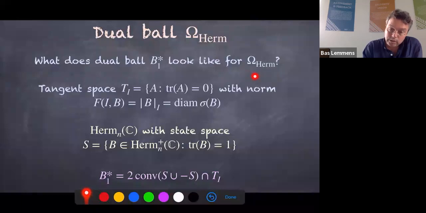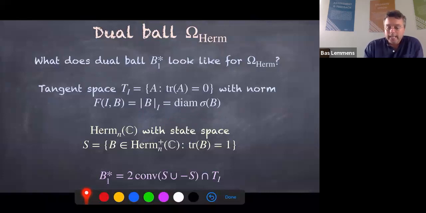Because of the Jordan algebra structure in this setting, there's very nice theory one can use, and I'm not going to explain any of it, but I should emphasize that lots of things that I'm saying here in this explicit example have direct analogs in this general framework. Okay, so first of all, what's the tangent space? The tangent space is all trace zero matrices, and the norm there is just the diameter of the spectrum of a matrix.